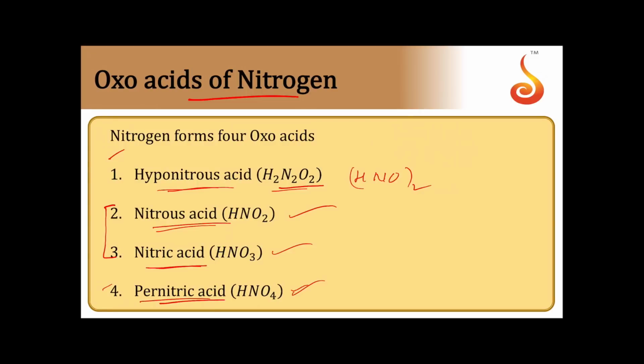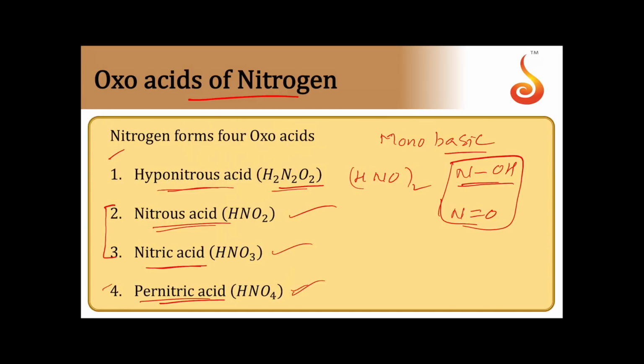In the oxoacids of nitrogen, all of them are monobasic in nature. All are monobasic, which implies that each has one OH group bonded to nitrogen. Nitrogen also has one double bond to oxygen.